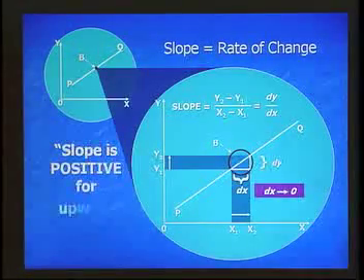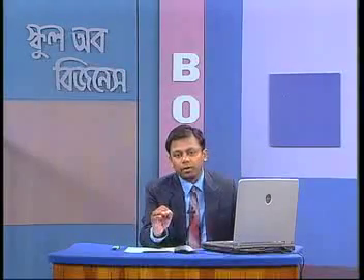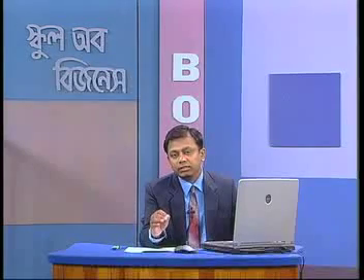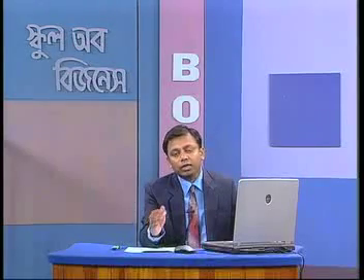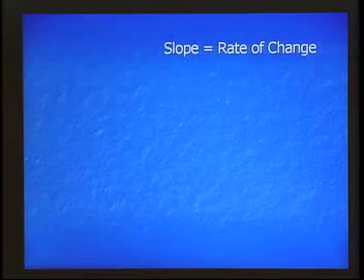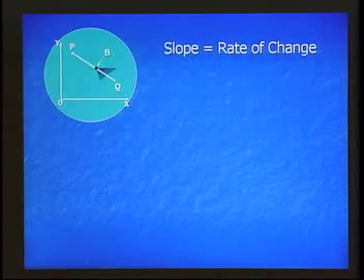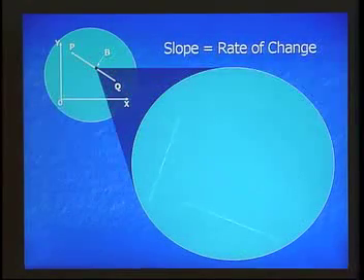As both dx and dy are increasing, the curve is upward and the slope is positive. However, for a small increase in x, if the change in y is opposite, that means if y is decreasing, then the curve will be downward and the slope will be negative. Now, you can see in case of a downward curve, for increase in x, y is decreasing.